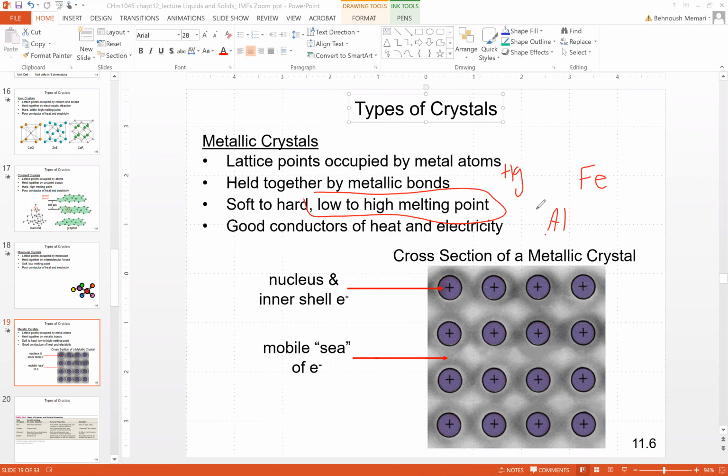So it depends on the metal. It could be from low to high melting point. They're good conductors of heat and electricity because of the metallic bond. Metallic bond means you have fixed plus charges, and the electrons are moving around. So the plus charges are embedded in a sea of electrons.